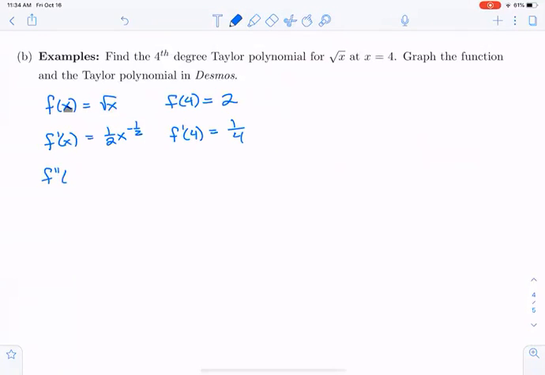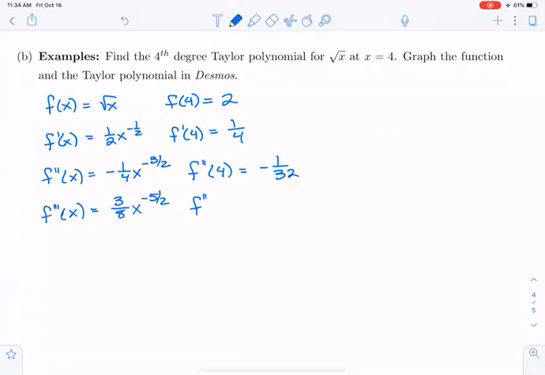f double prime of x is going to be, let's see, minus 1/4 x to the minus 3/2. So f double prime of 4 is actually going to be, let's see, 4 to the minus 3/2. That's going to be 1/8. So I'm going to get minus 1 over 32. The third derivative of x is going to be a positive 3/8 x to the minus 5/2.